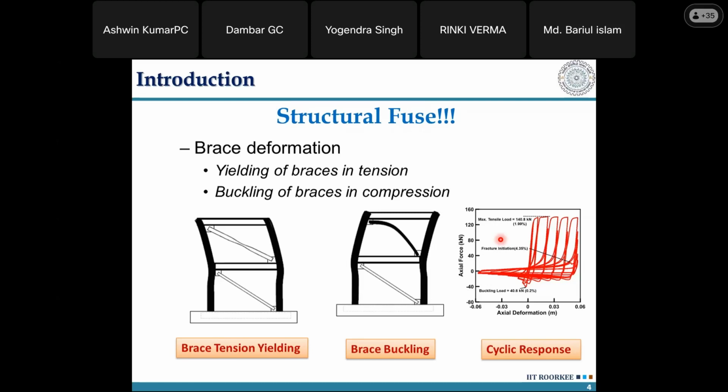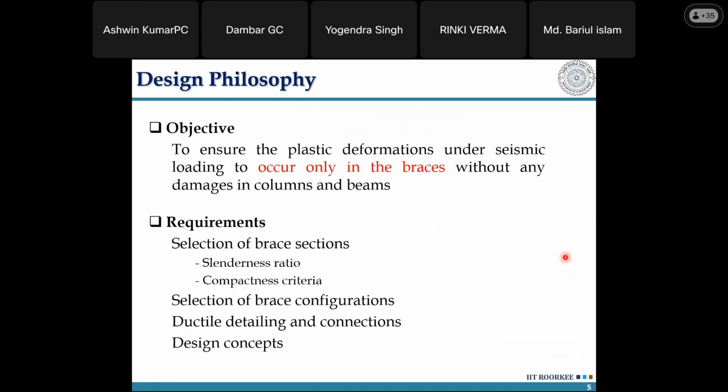So you don't have enough ductility in the system, and since it is asymmetric and the energy dissipation is not large enough, this kind of system does not have enough ductility to claim a larger R value. So that is why it ends up at 4.5, right? So this is one thing, that you need yielding in tension and buckling in compression to dissipate the energy in the brace. But this is the nature of the hysteresis curve. An asymmetric hysteresis curve is what you end up with.